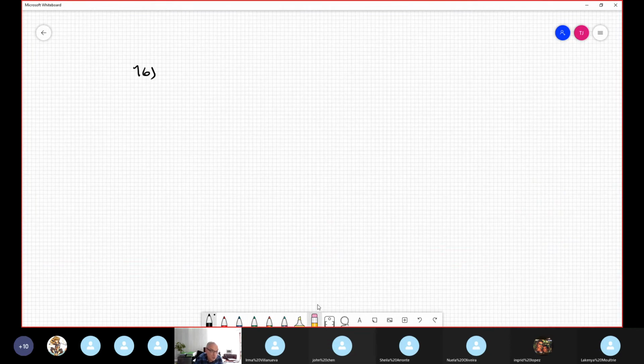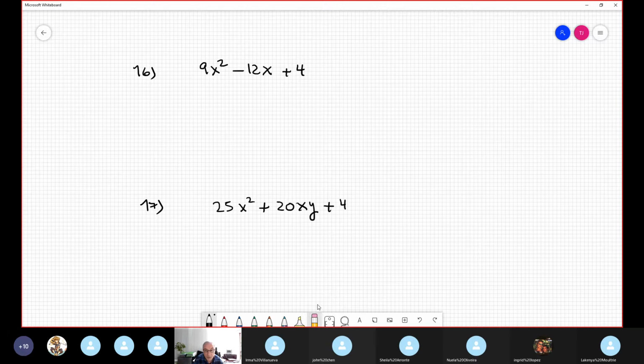Let me copy both simultaneously because it's the same objective, same idea. 9x squared minus 12x plus 4. Okay, I have no idea. 25x squared plus 20xy plus 4y squared.